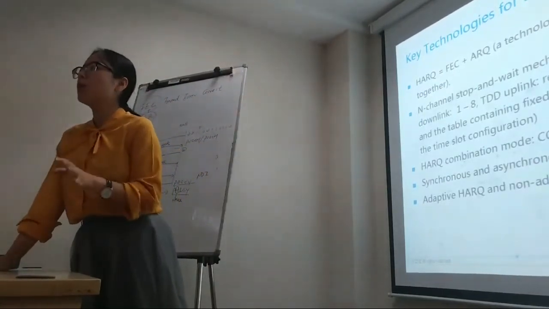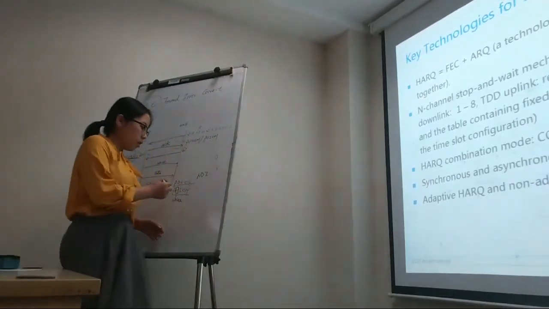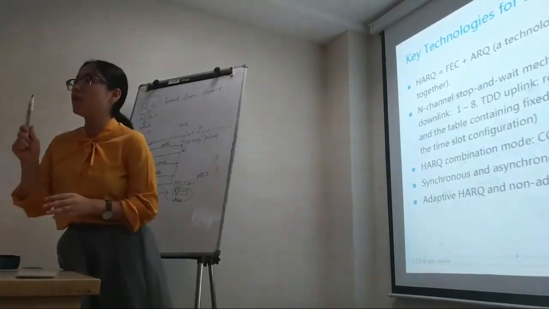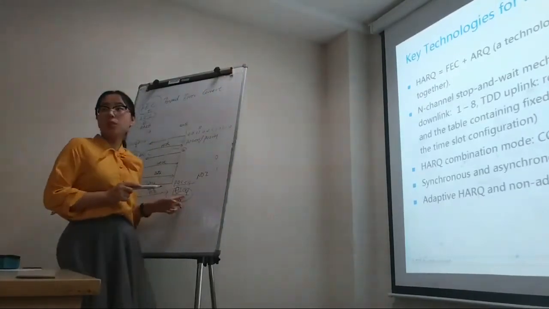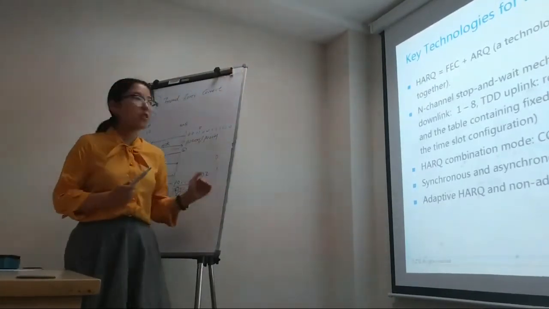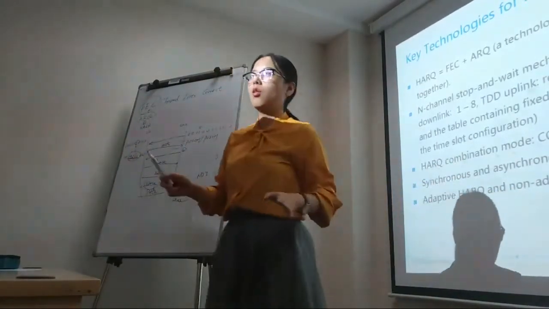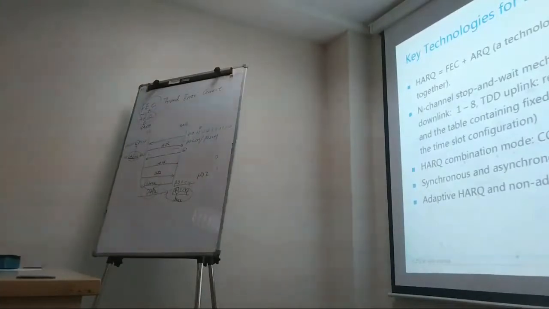If there is no PDCCH, that means I need to read the PHICH. If I can monitor the PDCCH, that means, okay, I don't need to read the PHICH. So it's based on adaptive or non-adaptive. The UE doesn't know, so it will first try to monitor the PDCCH. Okay, I cannot, so I just read the PHICH. Okay. So this is for the HARQ process.